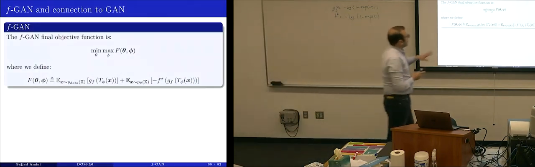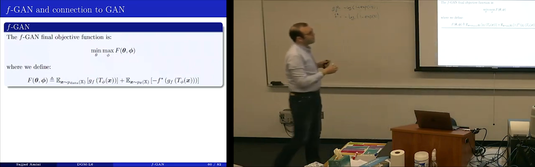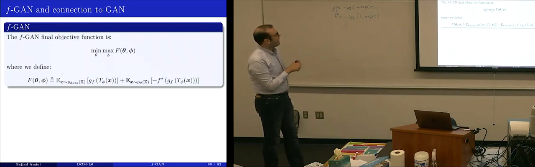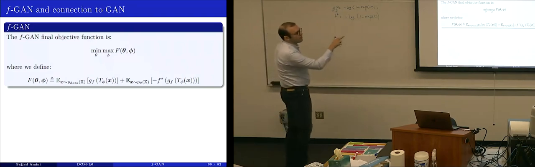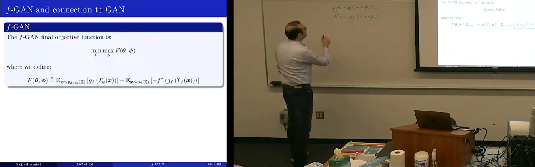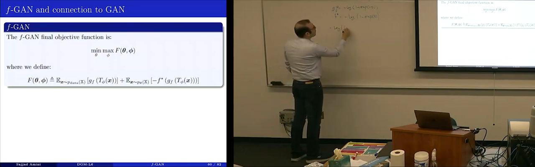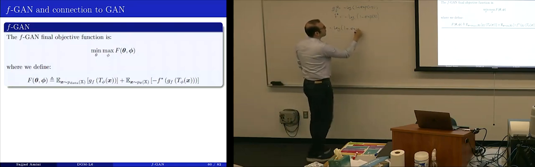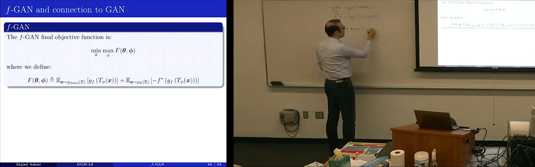Now, assume that I replace these elements for the case of GAN. It means that we apply this g_f and this f star to this formulation. What happened? g_f of T phi is minus log of 1 plus exponent of minus T phi of x.